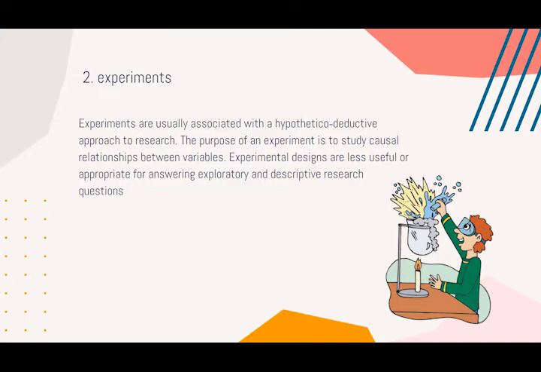In an experiment, the researcher manipulates the independent variable to study the effect of this manipulation on the dependent variable. For example, a reward system to test whether those rewards will change the rate of productivity in an office.